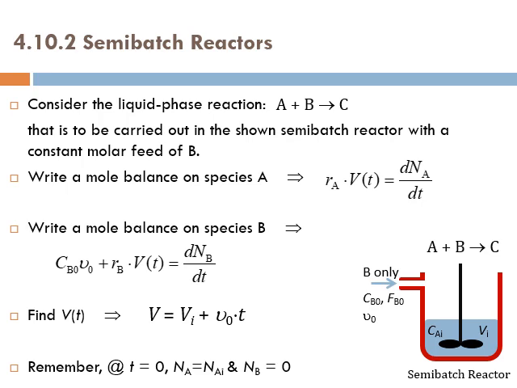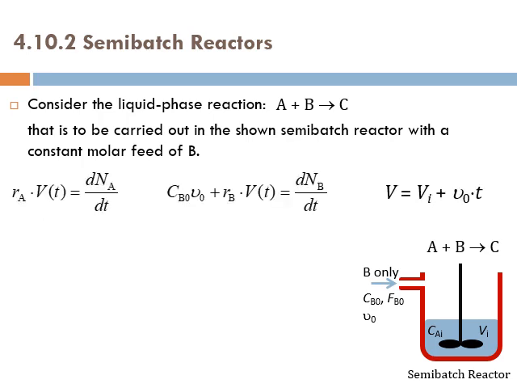However, at time 0, we don't have B inside the reactor because B will be added throughout the process. So at time 0, we don't have B. Okay, remember that, please. And of course, at time equals 0, V equals Vi. So we use i, the italic i, for initial, while we use the naught for the feed, for the input.